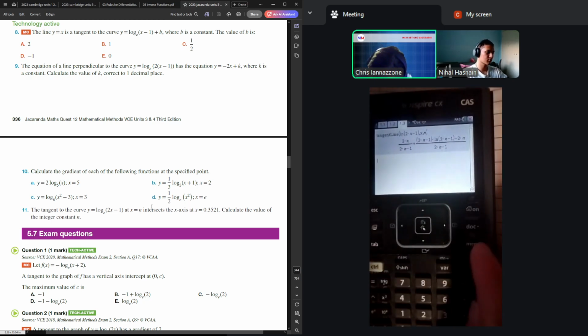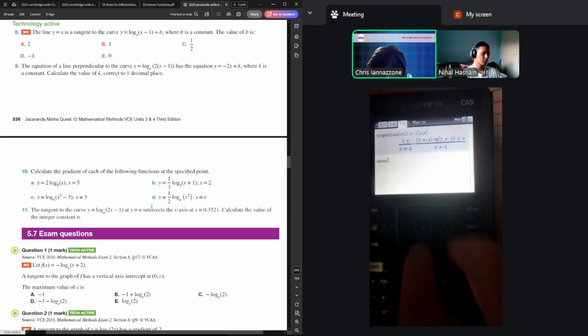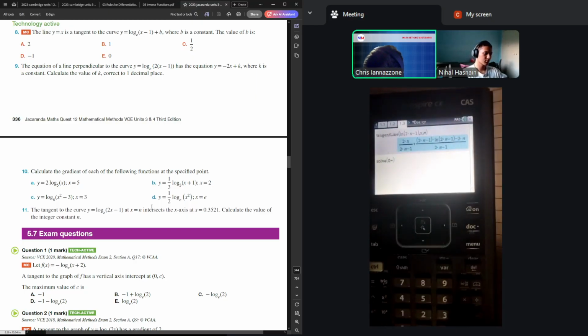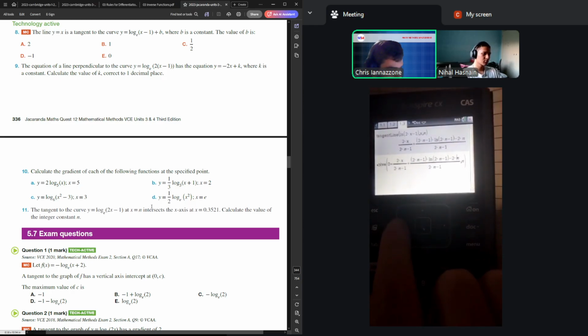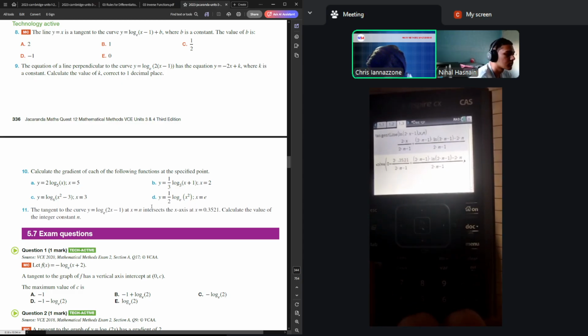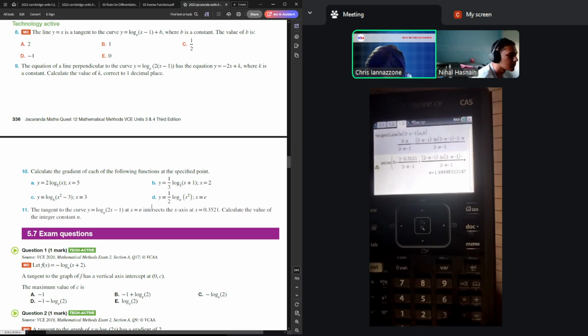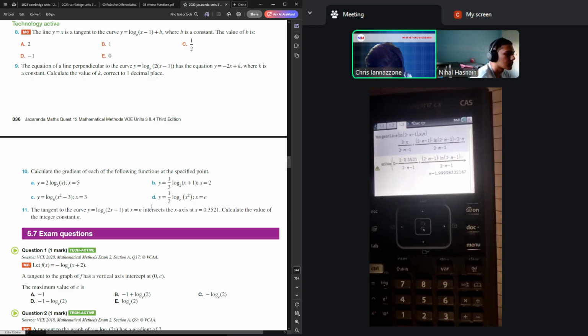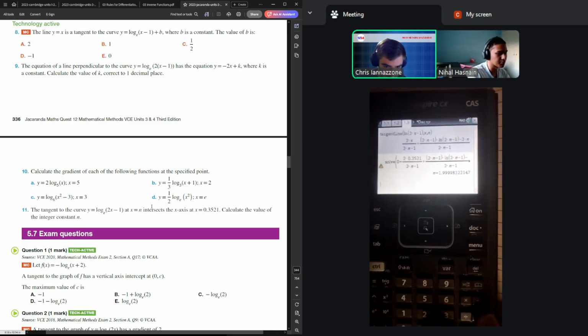So we just grab the whole thing, let it equal 0, and actually it's not even solving for x, it's solving for n under the condition of x equals 0.3521. So we set x as 0.3521. I'm hoping we get a nice number. Yeah, so basically n is 2 in that case. We are told to give it in integer form, so yeah, 2.